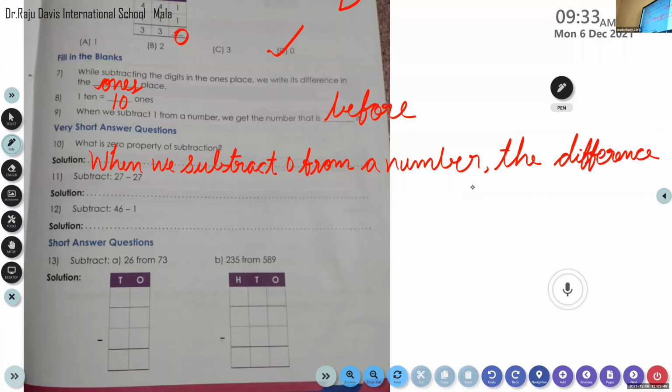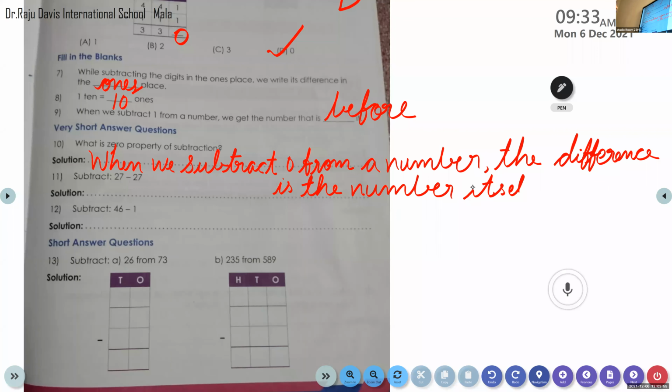Okay, this is known as zero property of subtraction. When we subtract 0 from a number, the difference is the number itself.